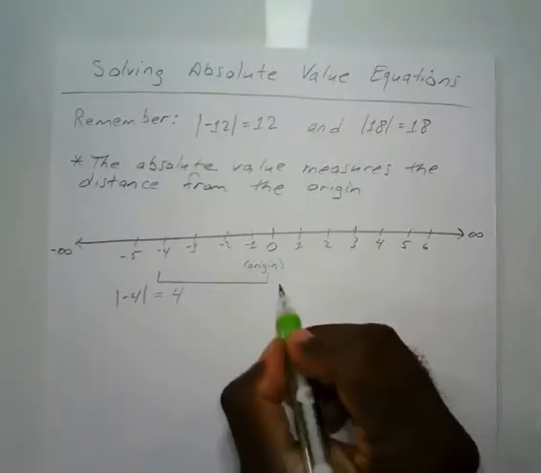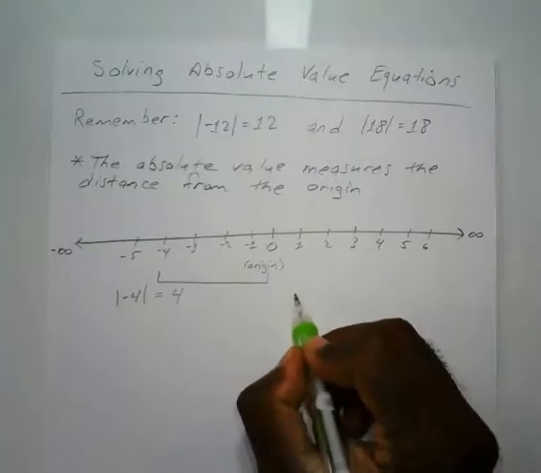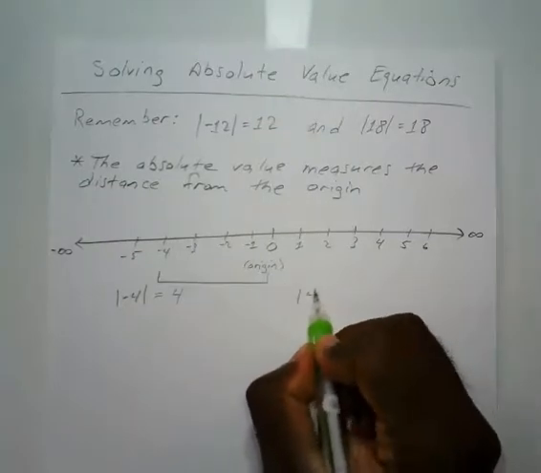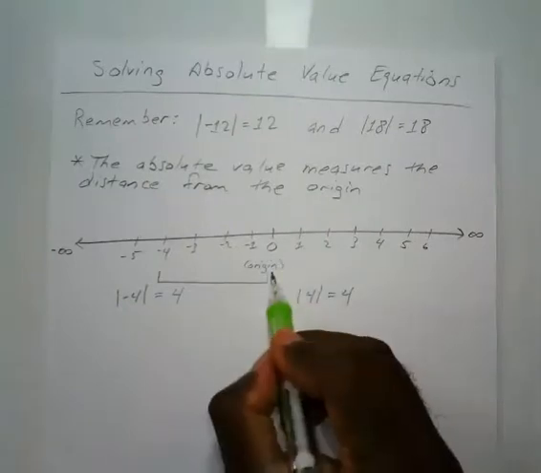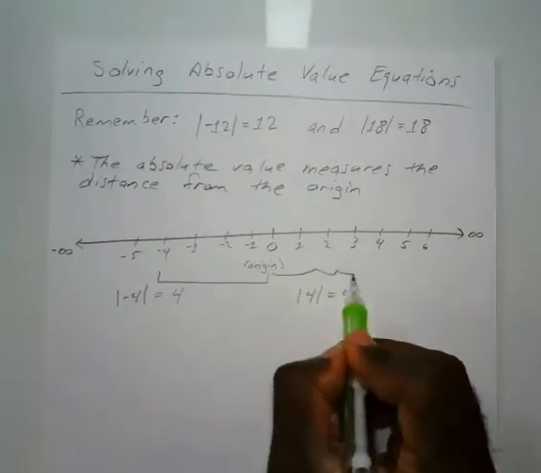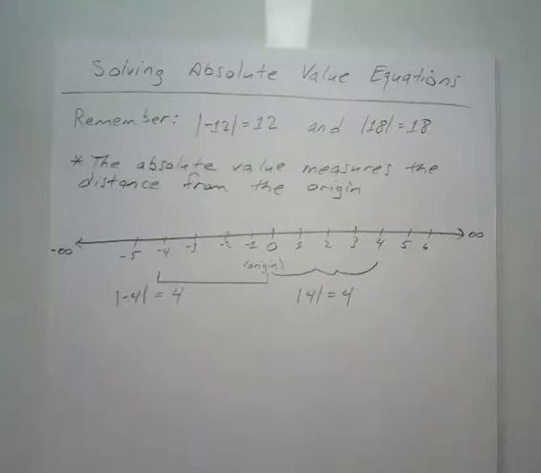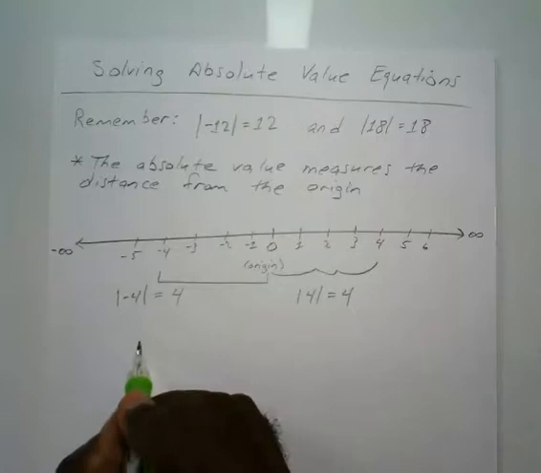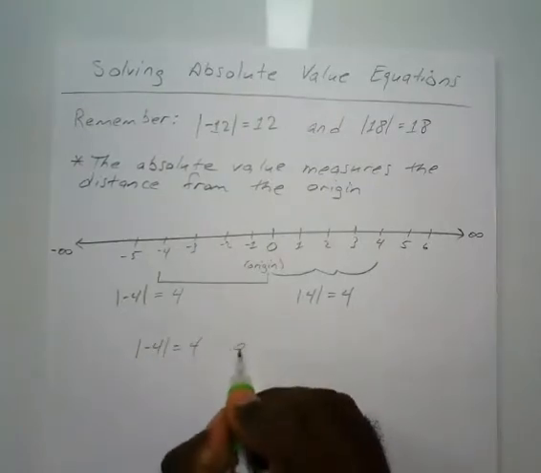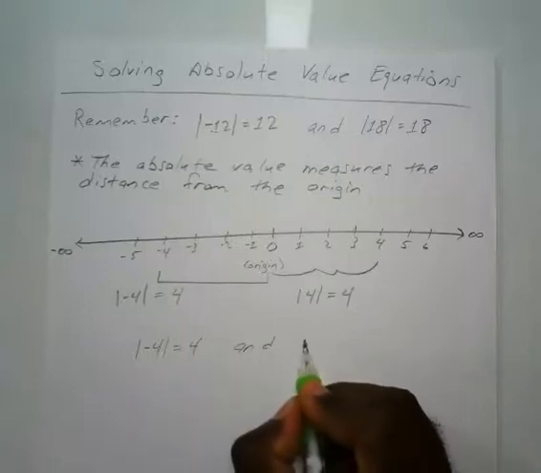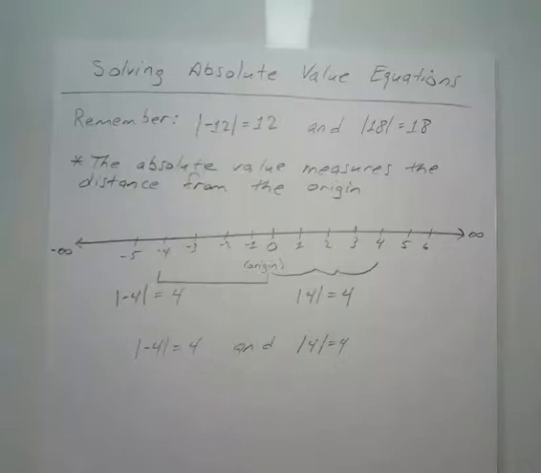Now the absolute value of positive 4 equals 4 because the distance from 0 to positive 4 is also 4. So the absolute value of negative 4 equals 4, and the absolute value of positive 4 equals 4.